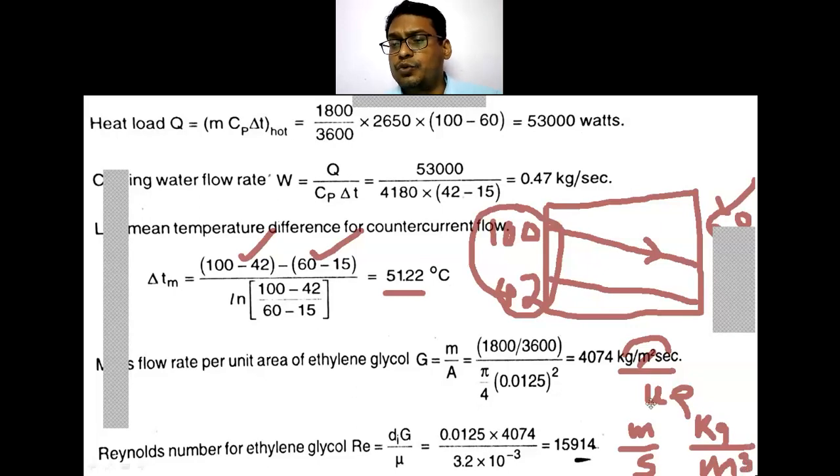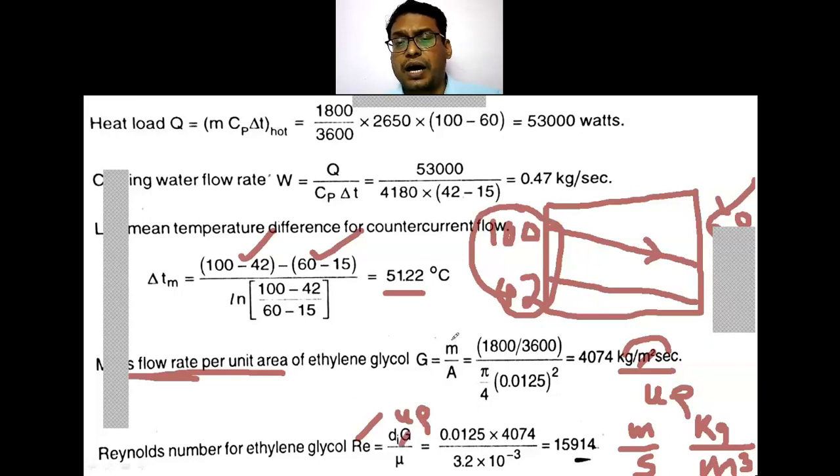So finally the unit comes as kg per meter square second. And this is nothing but the mass flow rate per unit area, and this is needed in your Reynolds number calculation, D U rho by mu. So G is nothing but U into rho.